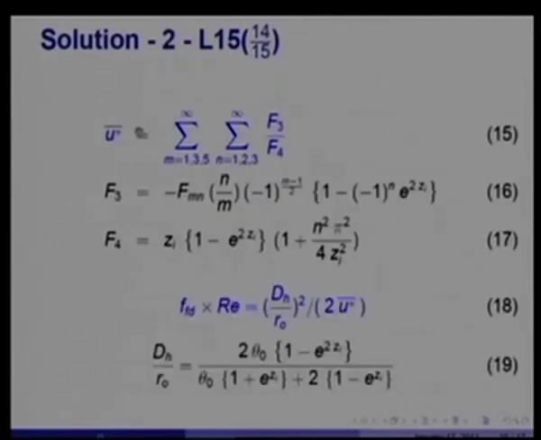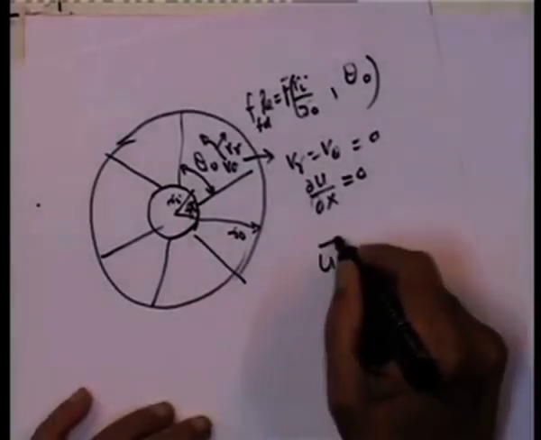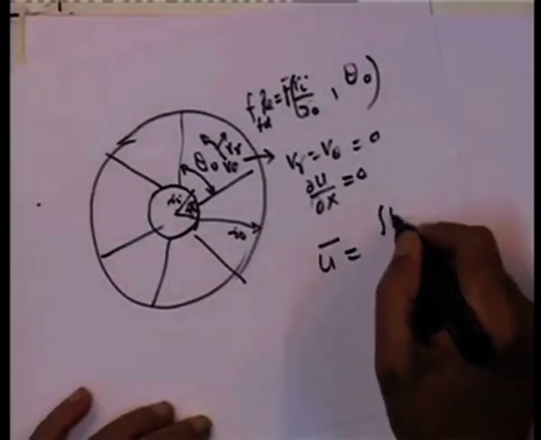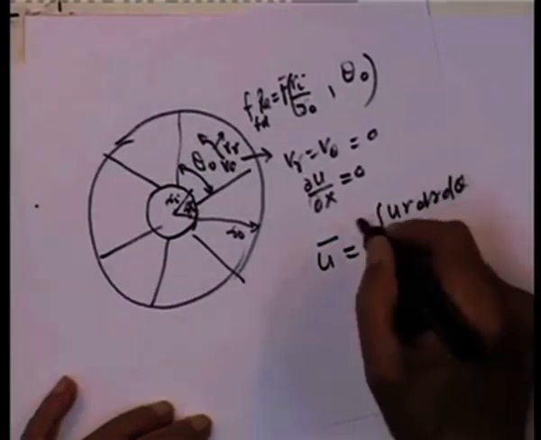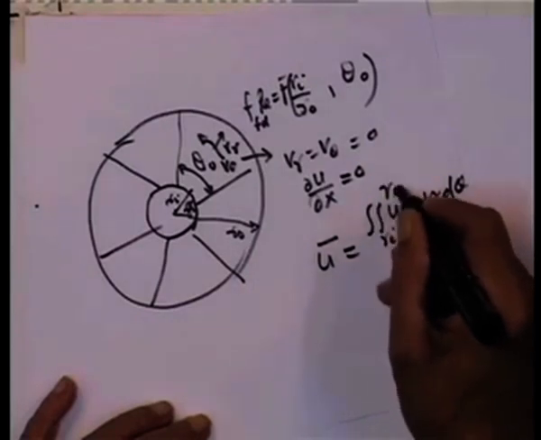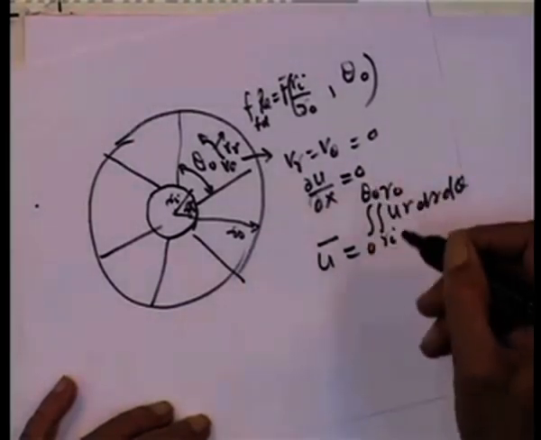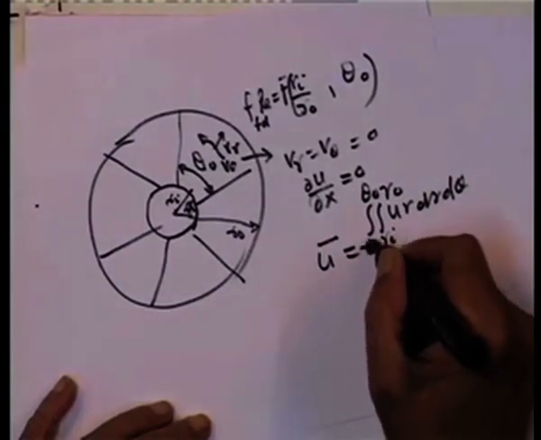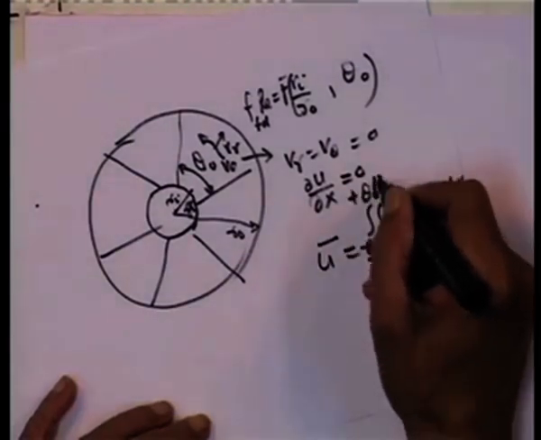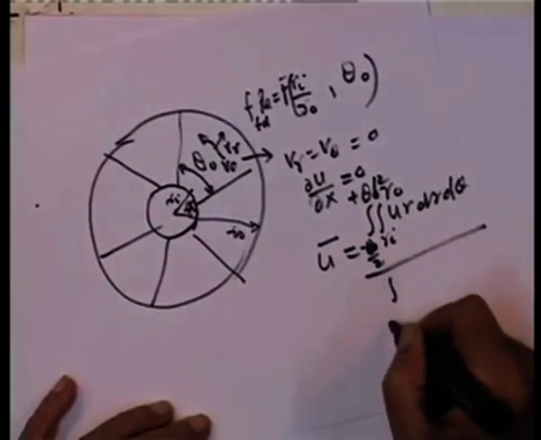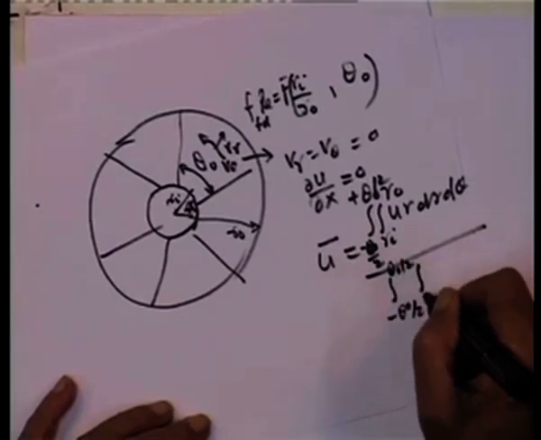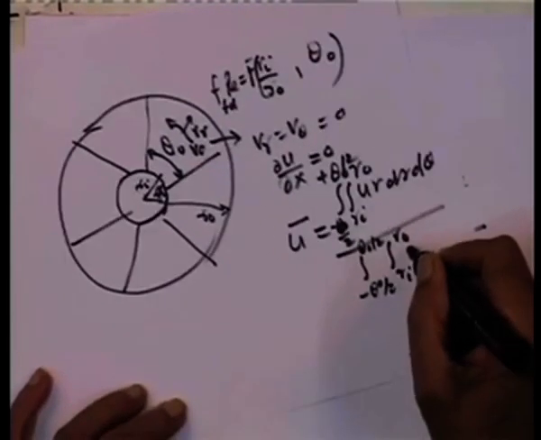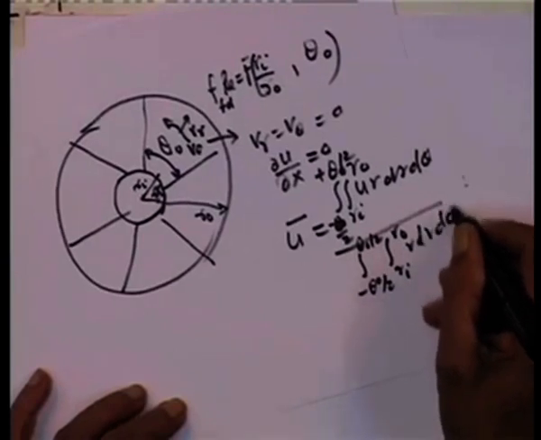Now, we can evaluate u bar. u bar star will be the integral of u r dr d theta, r I to r o, 0 to theta naught, or if you like minus theta naught by 2 to plus theta naught by 2, divided by the integral from minus theta naught by 2 to plus theta naught by 2, r I by r o, r dr d theta.